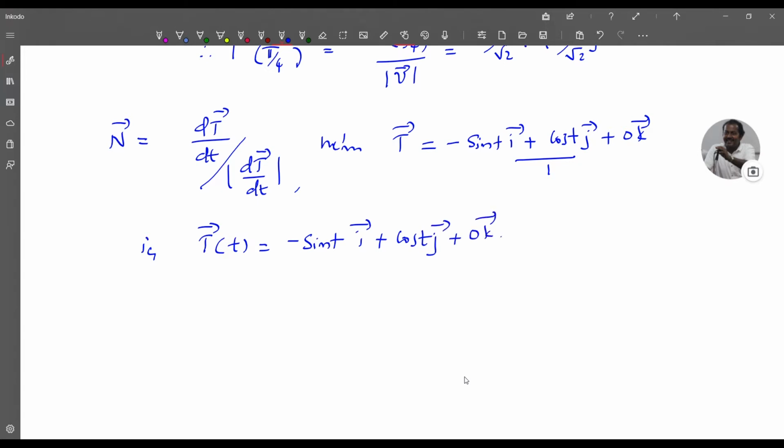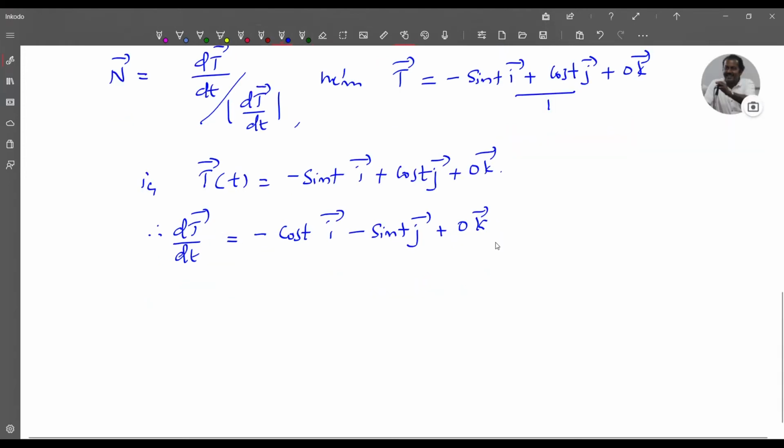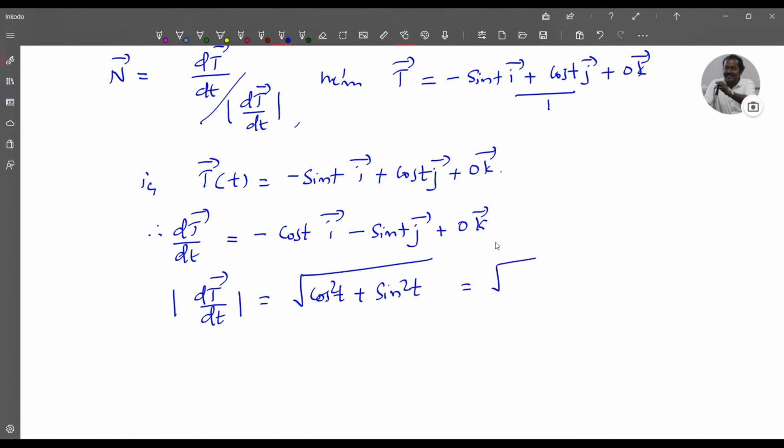Therefore, dt by dt equal to minus cos t i minus sin t j plus 0k, and modulus of dt by dt is square root of cos square t plus sin square t, so that is square root of 1, that is equal to 1.